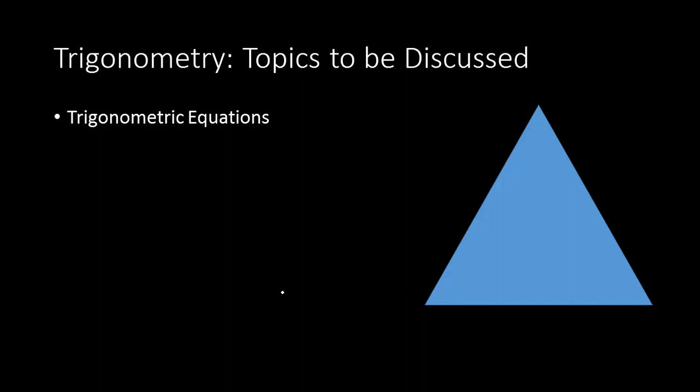Similarly, we're going to do the same thing in this topic, which is trigonometric equations. And lastly, trigonometric form of complex numbers. So here it involves imaginary numbers and how they are applied with trigonometric topics.